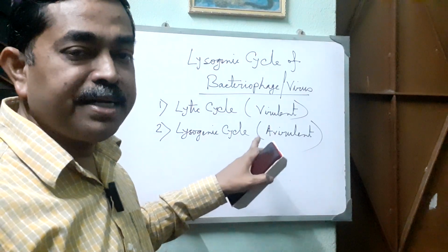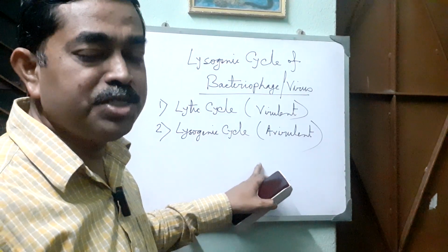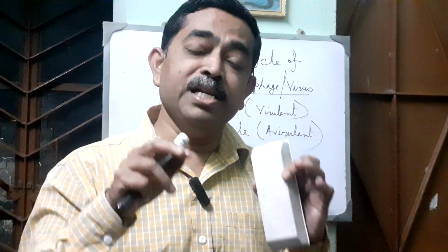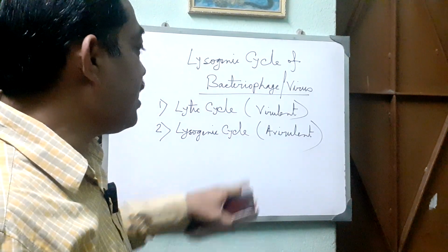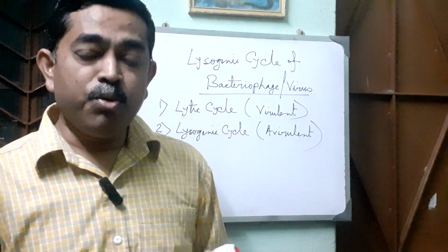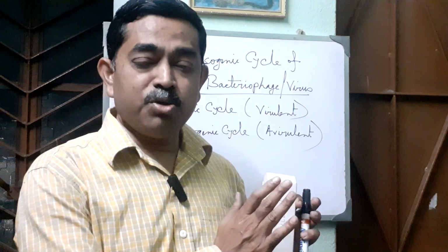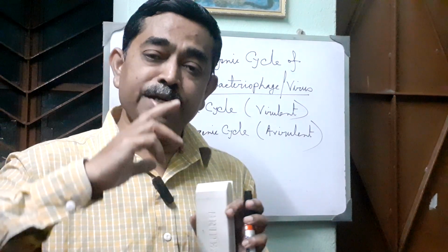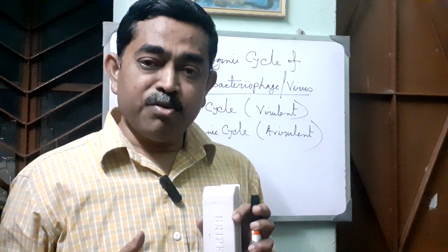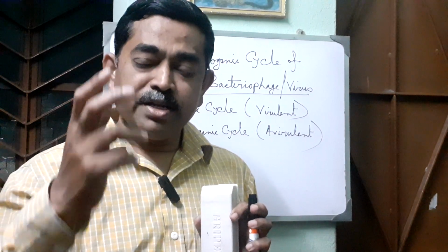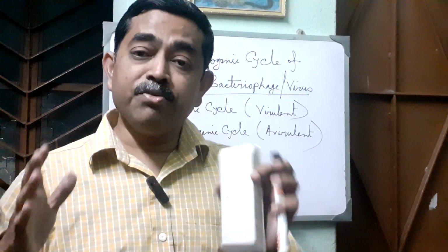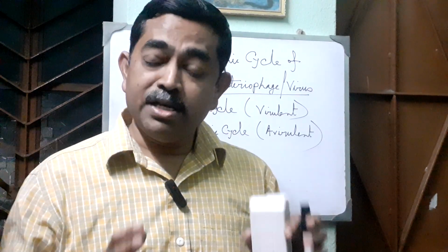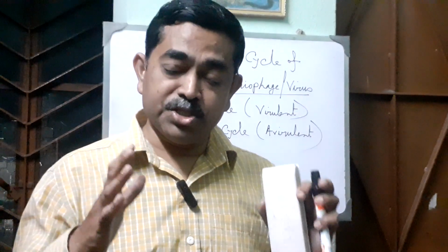Actually here the bacteriophage DNA will be integrated into the host bacterial cell genome, or DNA, chromosome. So this is called the lysogenic cycle. When the virus or bacteriophage is integrated in the host cell chromosome, this type of bacteriophage is called a temperate phage.